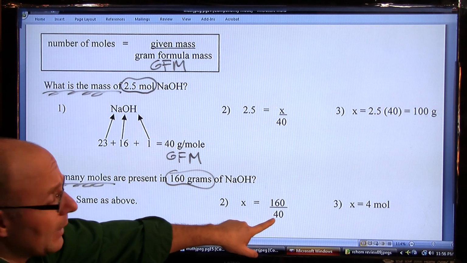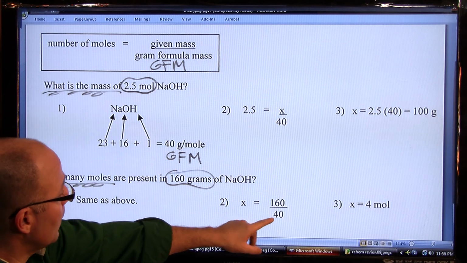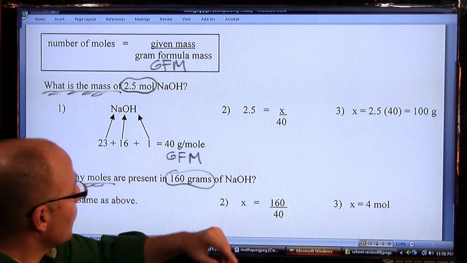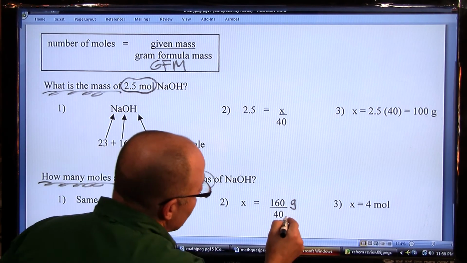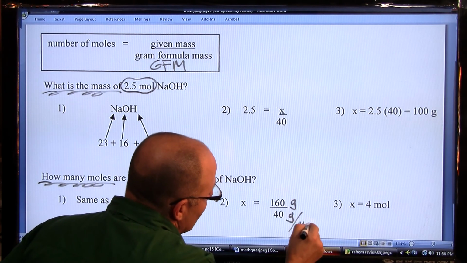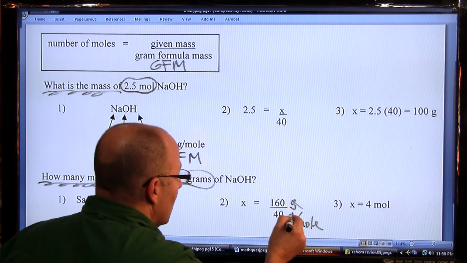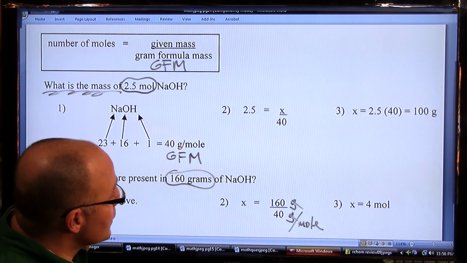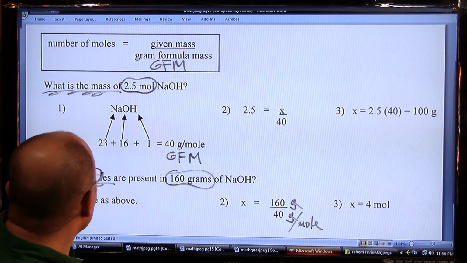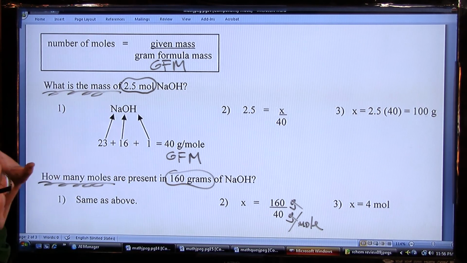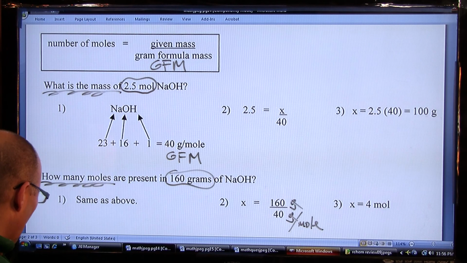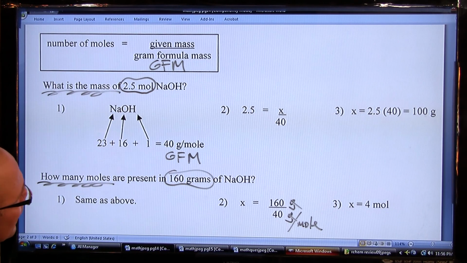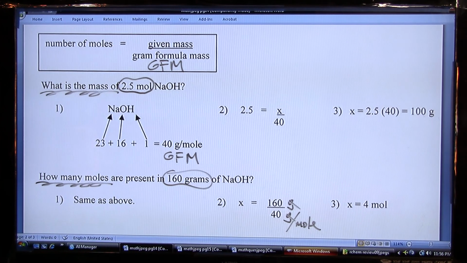The gram formula mass hasn't changed, so 160 grams divided by 40 grams per mole, 160 divided by 40 is 4 moles. And that works out real nice. So that's as deep as it gets with the mole calculation. And most of the time, just rounding off to the nearest whole number will be sufficient.